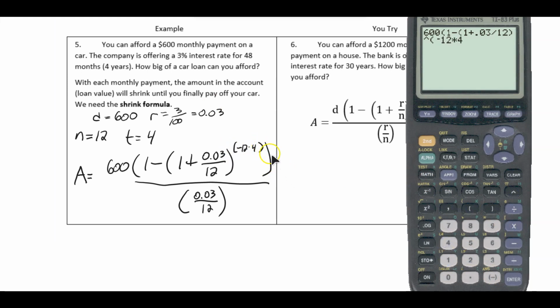And then we have 2 right parentheses. Divided by left parenthesis, 0.03 divided by 12, and final right parenthesis. Whew. We hit enter, we get a value. That's the cost. That's how big of a car loan you can afford.